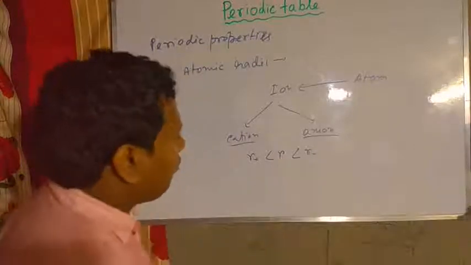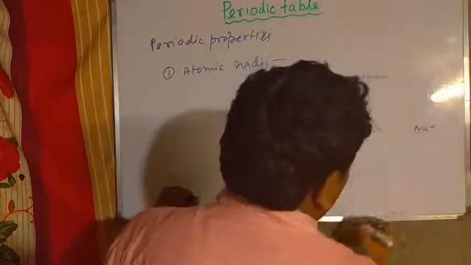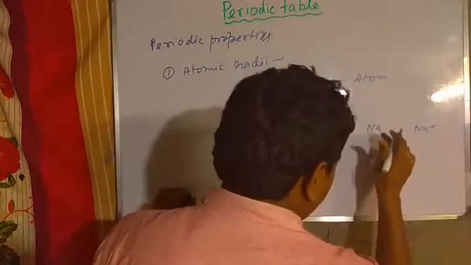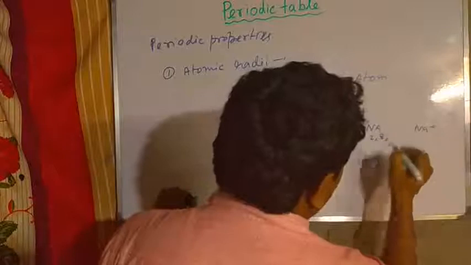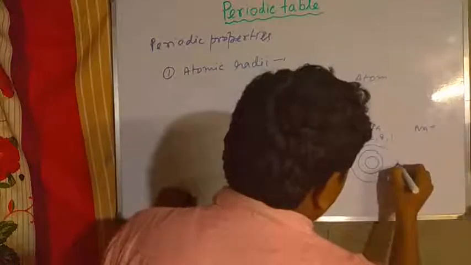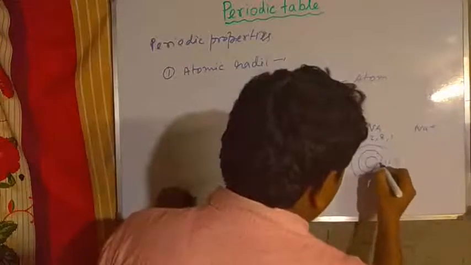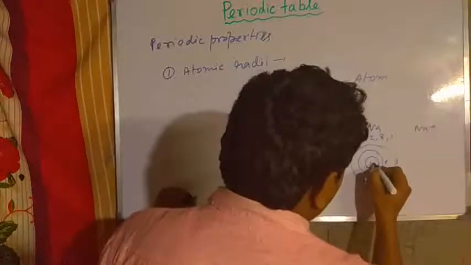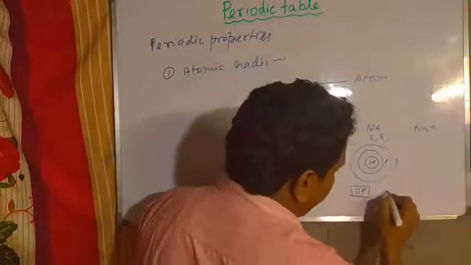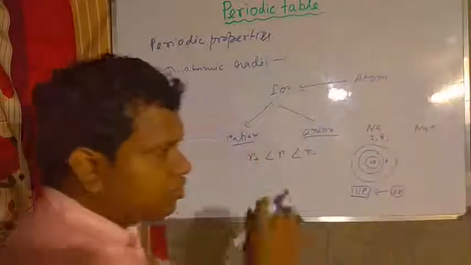Okay, how? Na and Na plus. In Na, atomic number 11, the configuration is 2, 8, 1. Now in this situation, the nucleus contains 11 protons, and 11 protons attract 11 electrons in sodium.